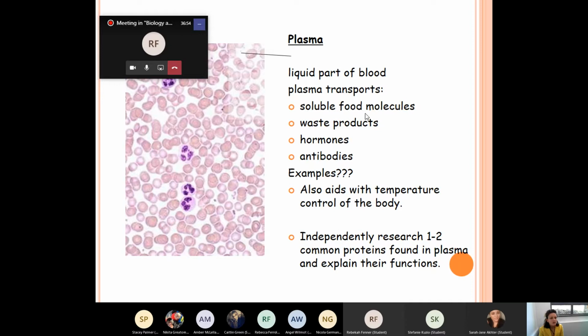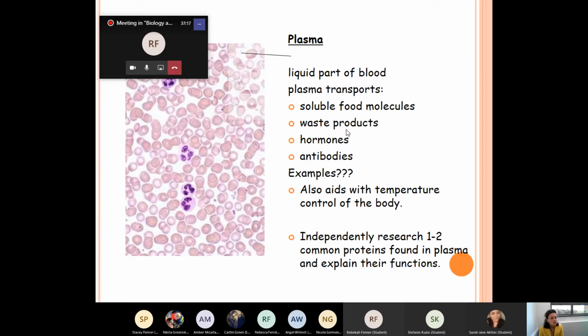Can you give me some examples of soluble food molecules, so something which you're going to digest down and then that's going to get passed into plasma to be delivered to individual cells? Can you think of 1 or 2 waste products which would be carried in plasma? And can you think of 1 or 2 hormones, so specific examples of hormones which would be carried in plasma?